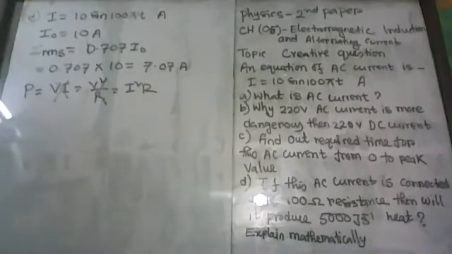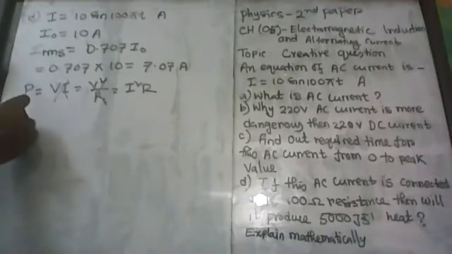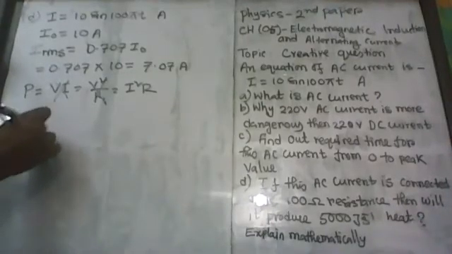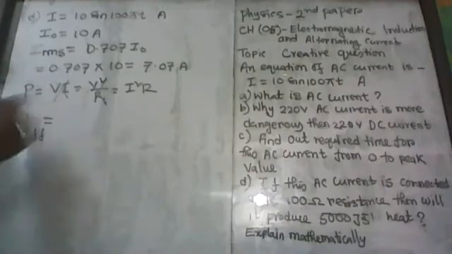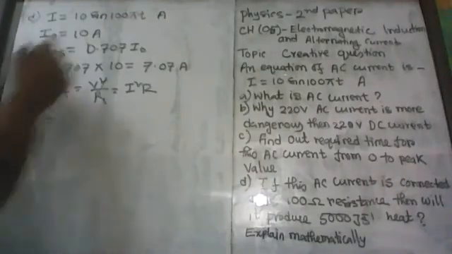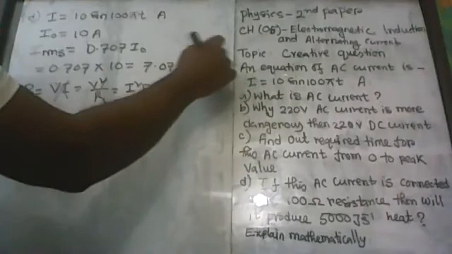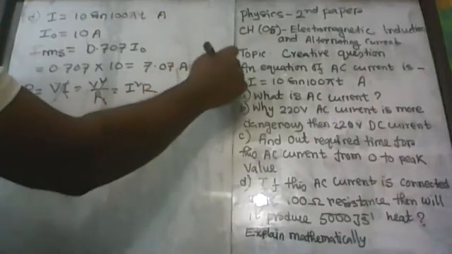So power P will equal, here, I square into R. Now I'm going to find out the effective power of this AC current. You know that it is also called I effective current.